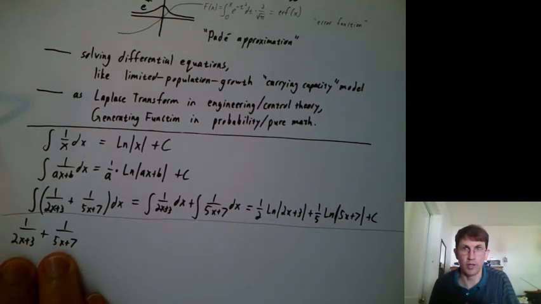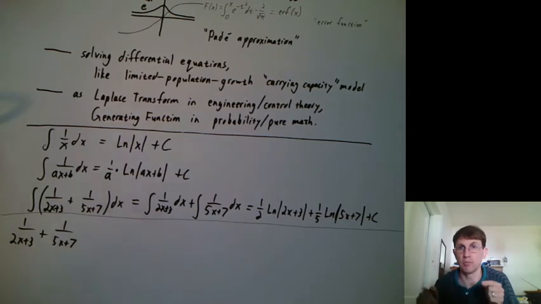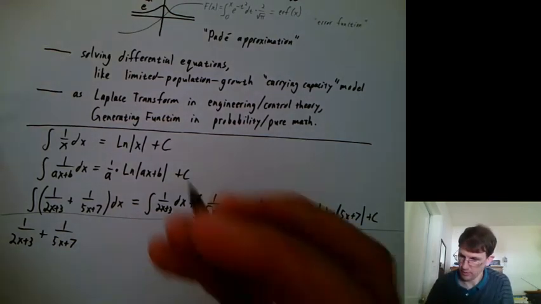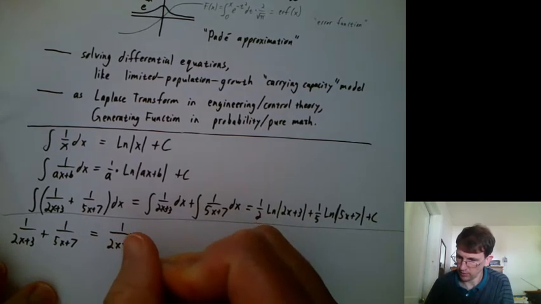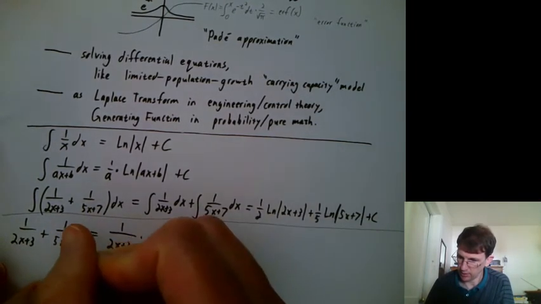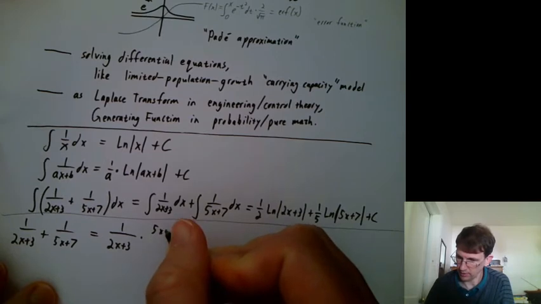We just have to say, well, these two things are their own numbers, whatever x is, and so the common denominator would just be the multiplication of those two things. So I would have to add them by saying, we'll start with the first one and multiply by the second thing over itself.